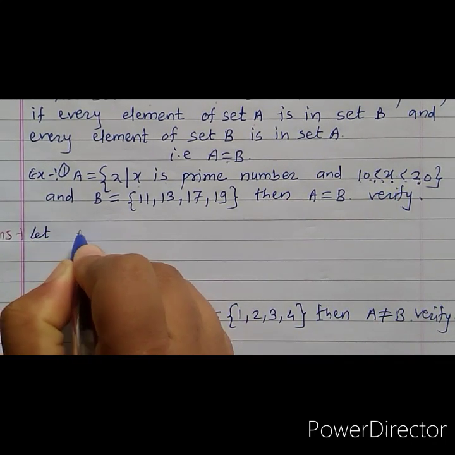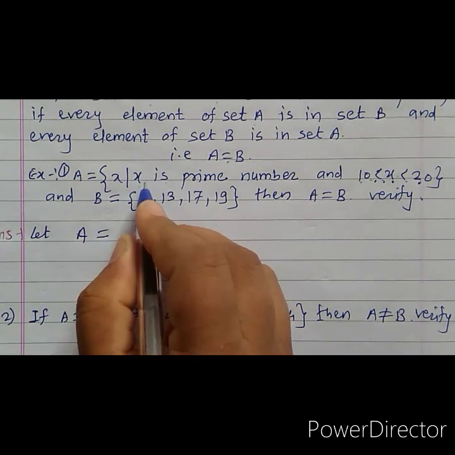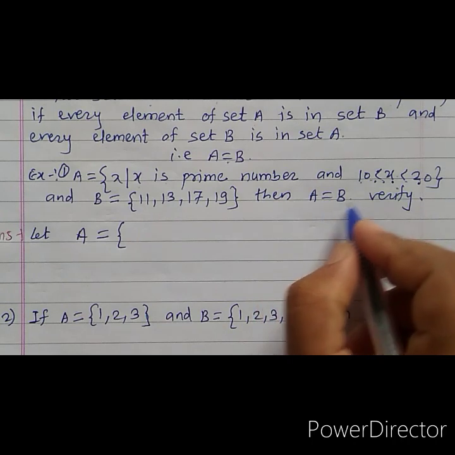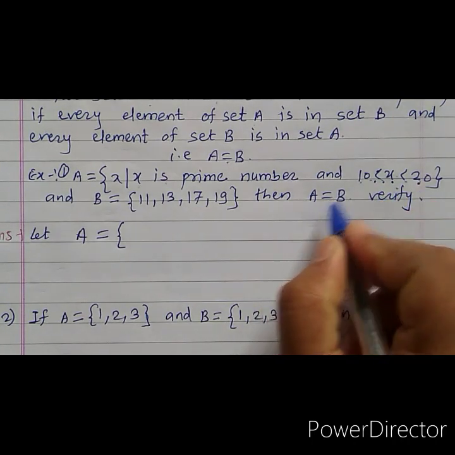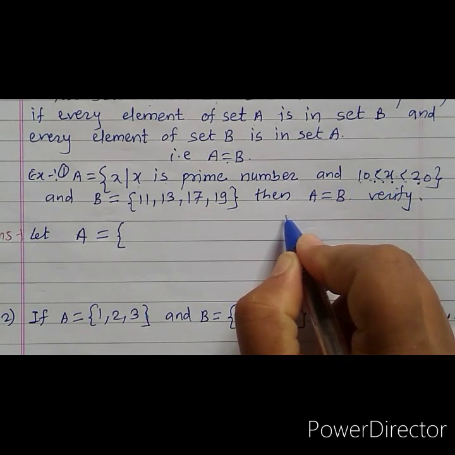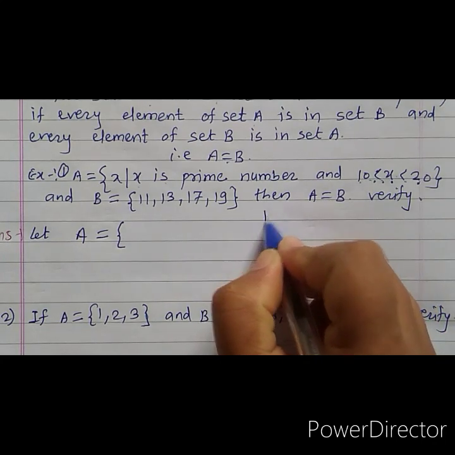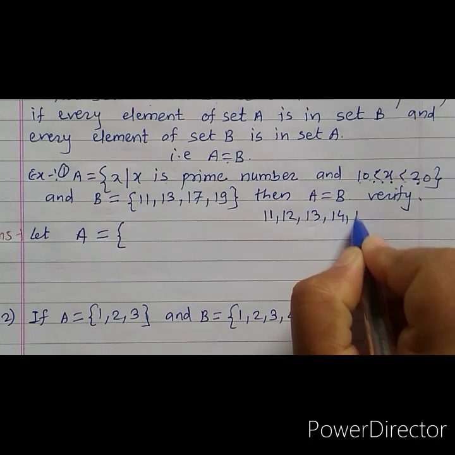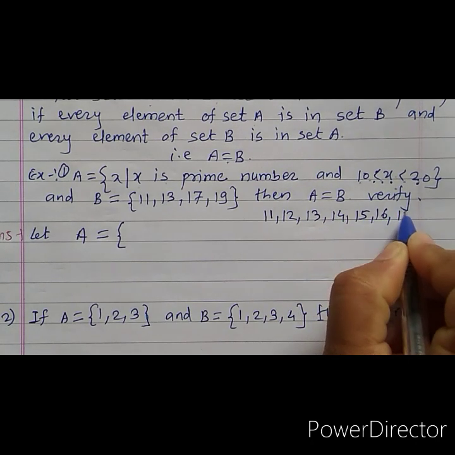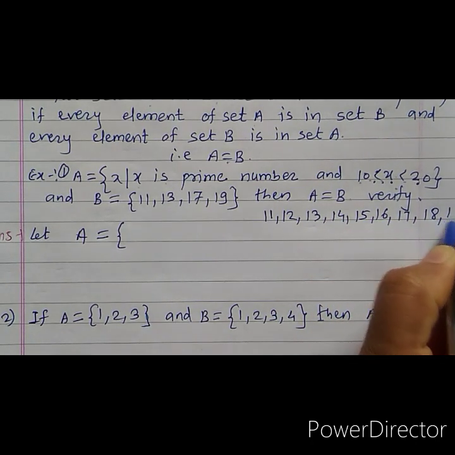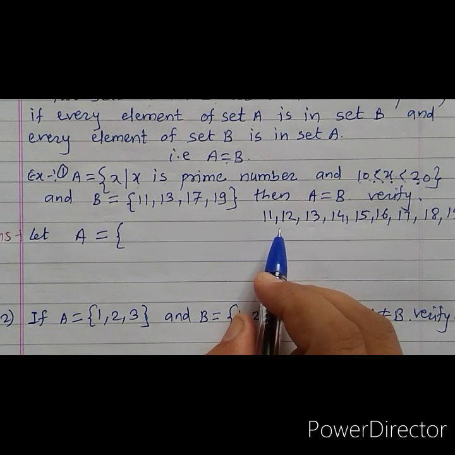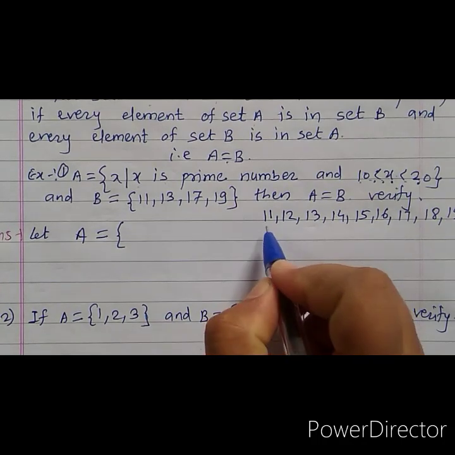Let set A be, according to this condition, the elements between 10 and 20, so bigger than 10, that is 11, 12, 13, 14, 15, 16, 17, 18 and less than 20 means 19. Now here we have to find out the prime numbers. Prime number means divisible by 1 and itself.